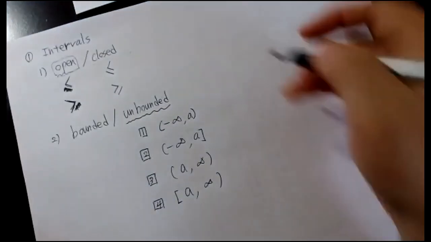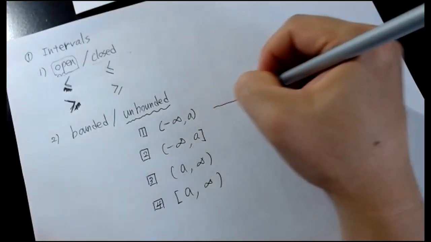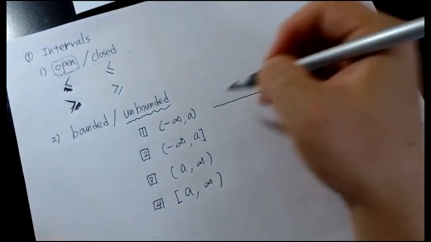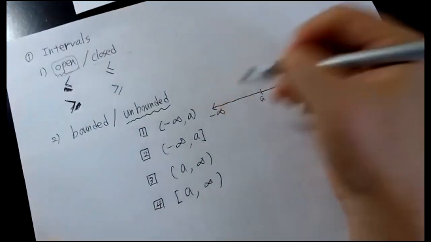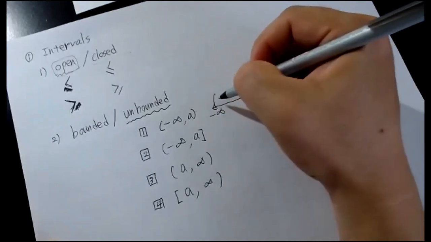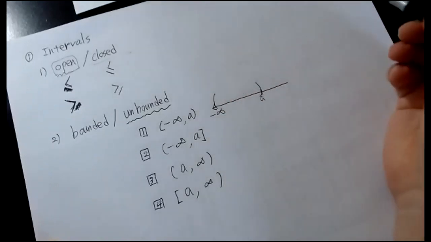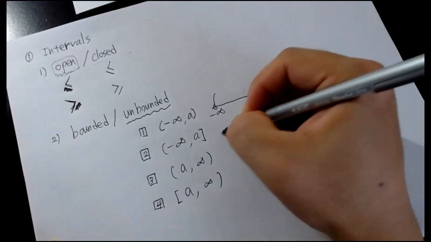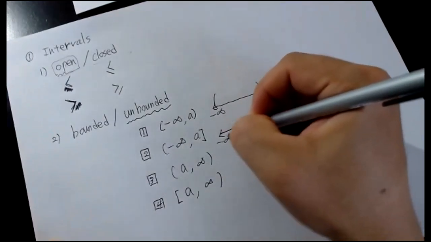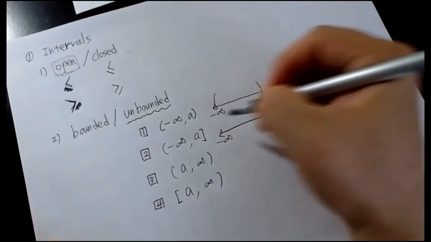Okay, all right. So here's a on the number line, and here is negative infinity. So negative infinity through a, and then negative infinity to a closed, then we use a bracket right there.